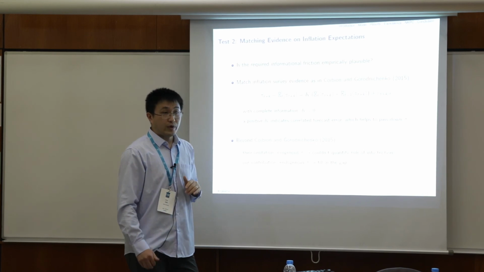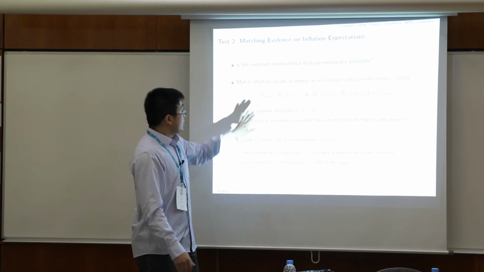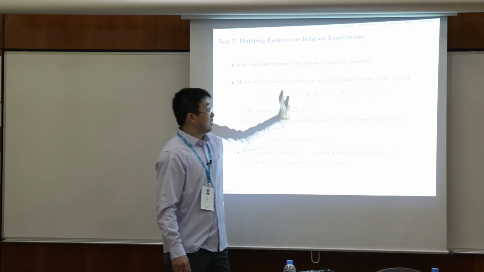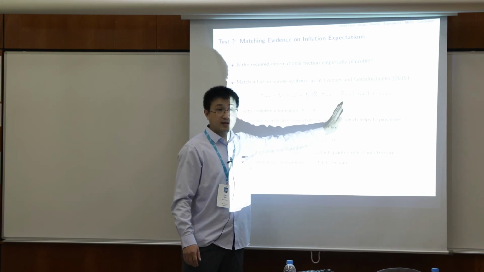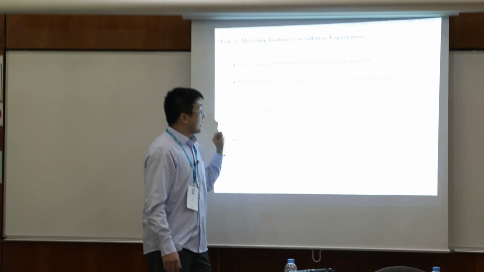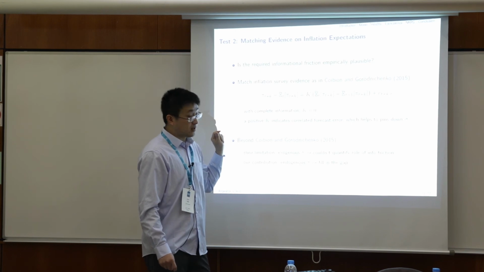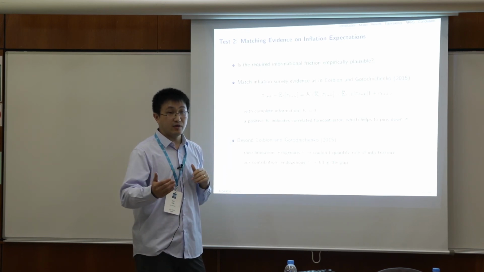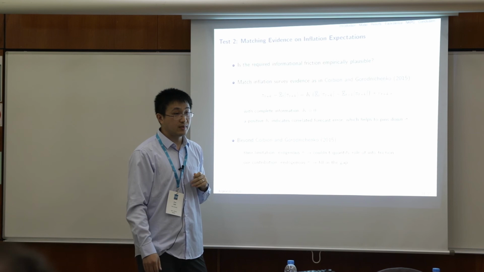Suppose you live in a world with perfect information. This forecast error should be independent of past inflation-related information, so this K should be 0. If K is positive, then it indicates that you have a correlated forecast error. That's a sign you have information friction.